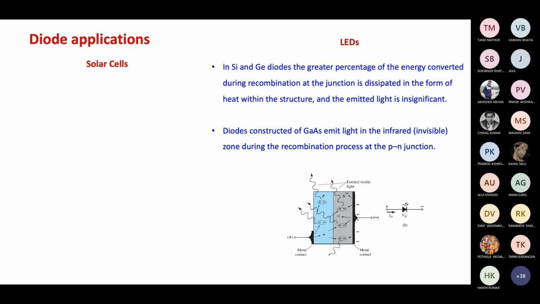Any question in this? Any clarification, or anything that you want me to repeat? If not, let me ask you, how should a solar cell function? A solar cell is a device on which we shine solar light, and it should produce a current or voltage across the terminals.